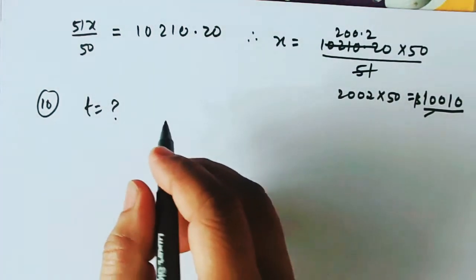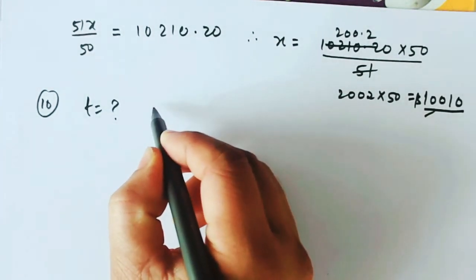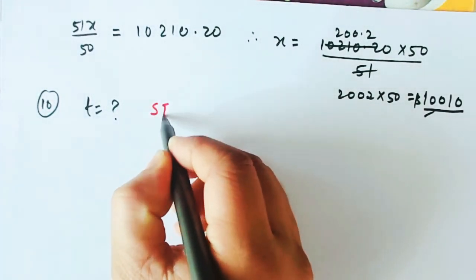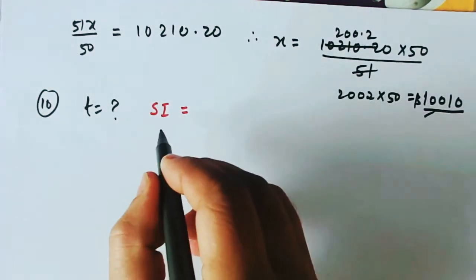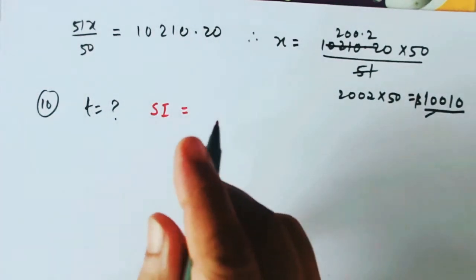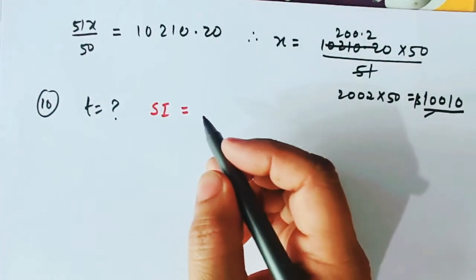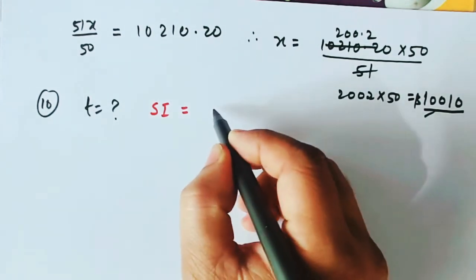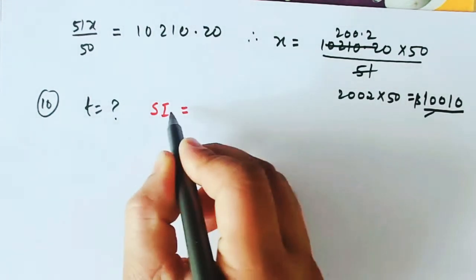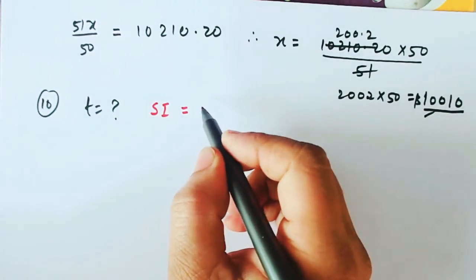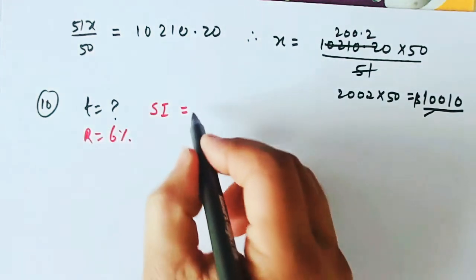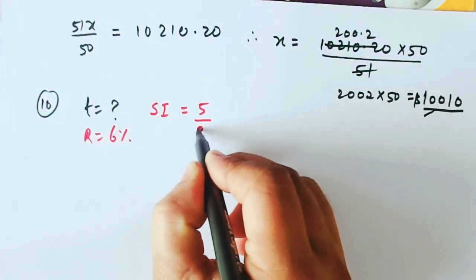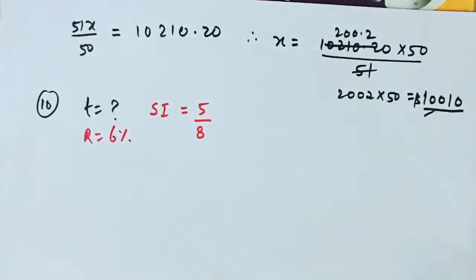They have given you the simple interest on a certain sum of money at 6%, rate equal to 6%, simple interest is equal to 5 by 8 times of itself. Do you know the principal? You do not know the principal.